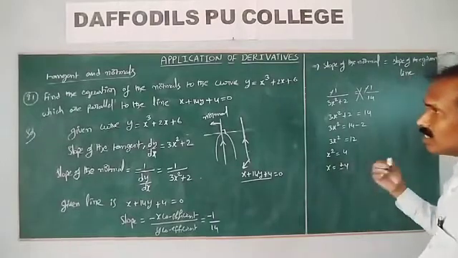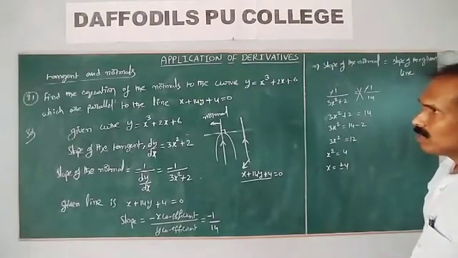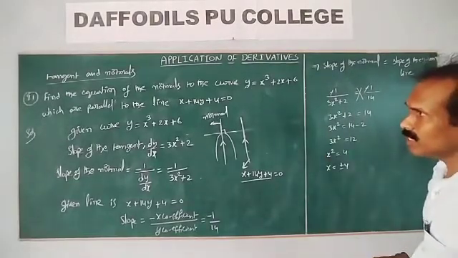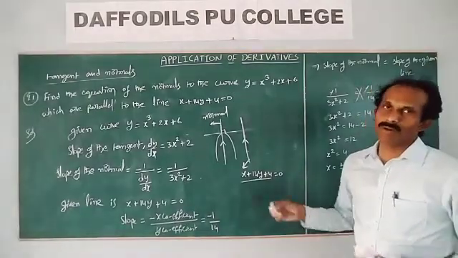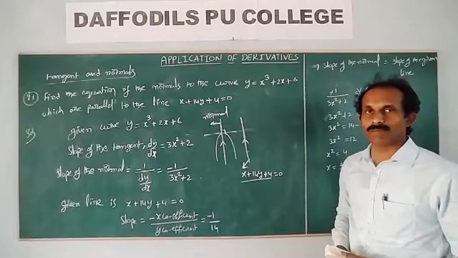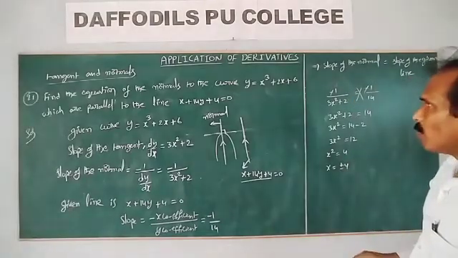So we want to find the points, because to find the equation of the normal, y minus y1 is equal to minus 1 by dy by dx into x minus x1. That's why we want the point.